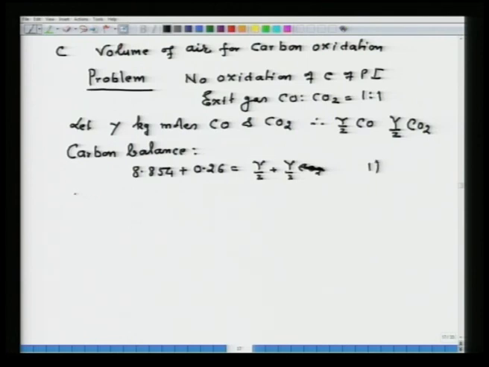Now, let us write down the second, the oxygen balance. Let us take Z kg moles of oxygen derived from air.